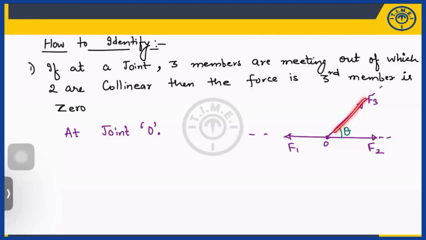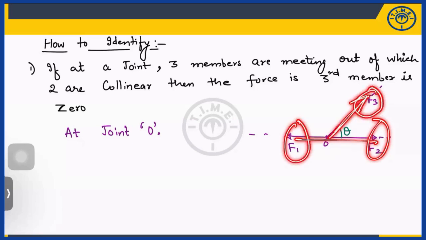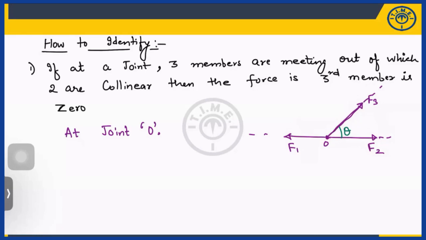These three members are acting like this, out of which two are collinear. Then the force in the third member, I am telling you, is zero. So I am just proving how this will be zero.